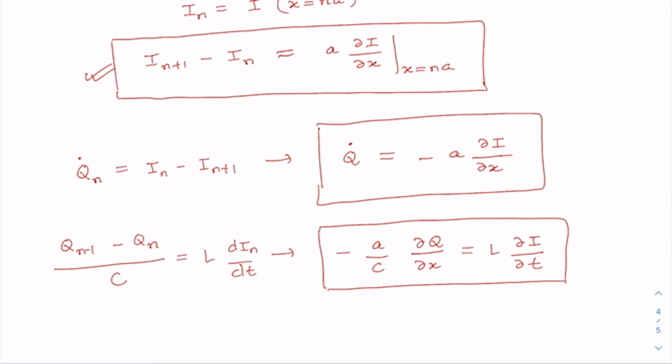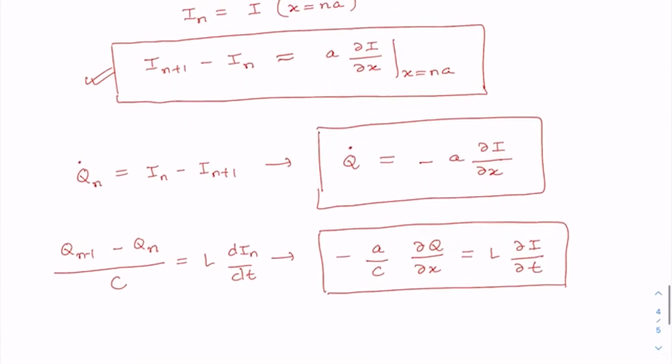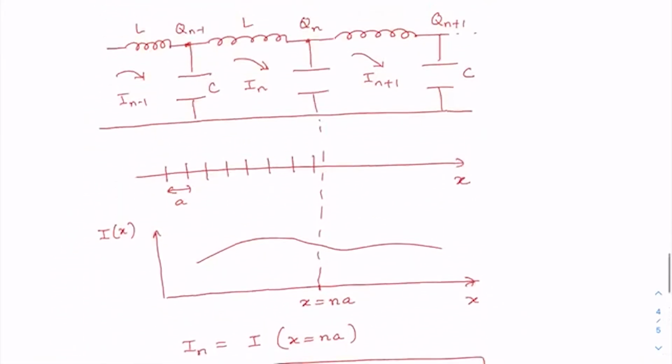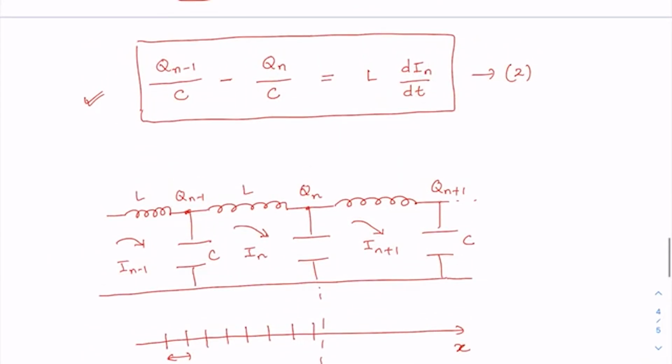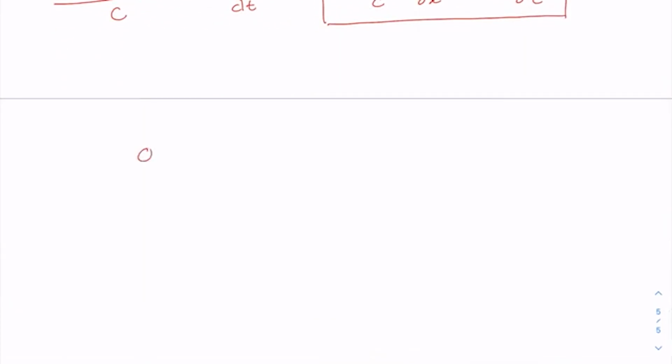Now let us write down the wave equation in the continuum limit. We can easily get it from this discrete version of the equations. For that I simply need to consider, say, this equation number 2 here: Q n minus 1 by C minus Q n by C is equal to L dI n by dt.